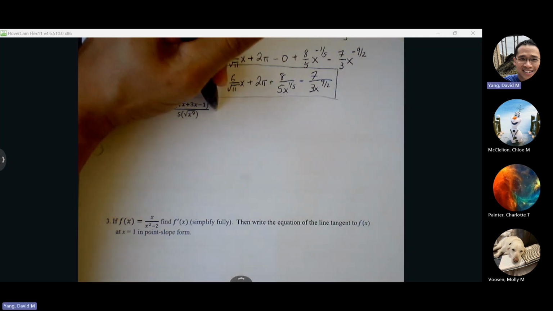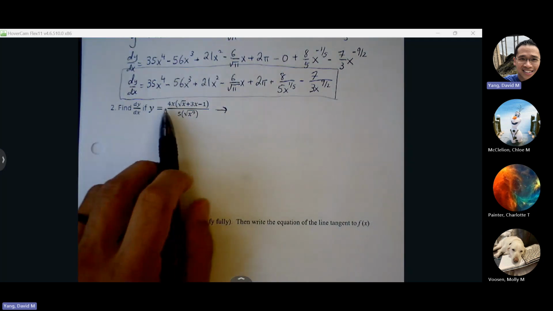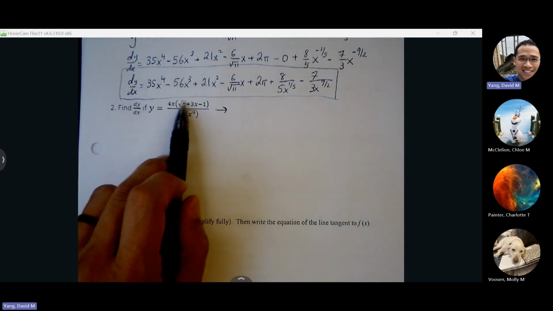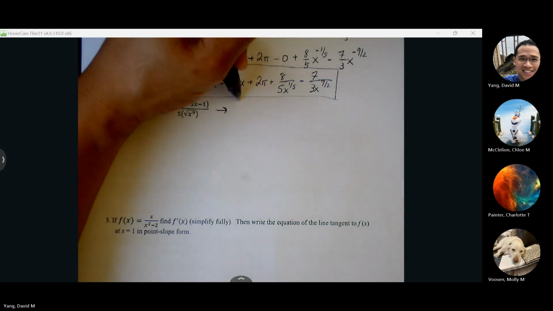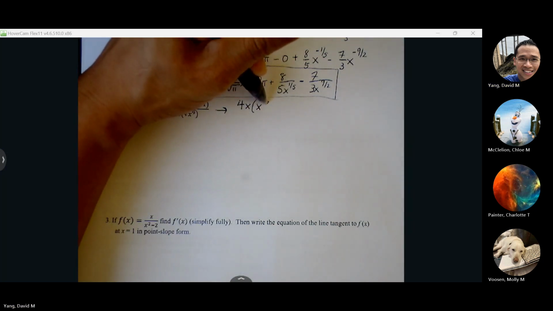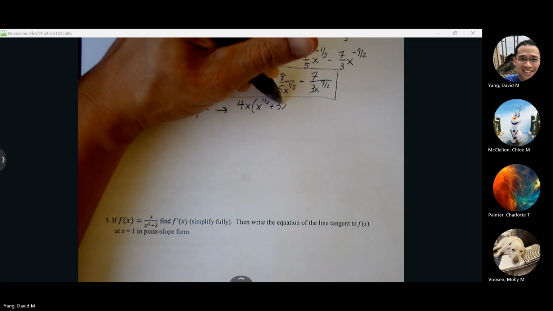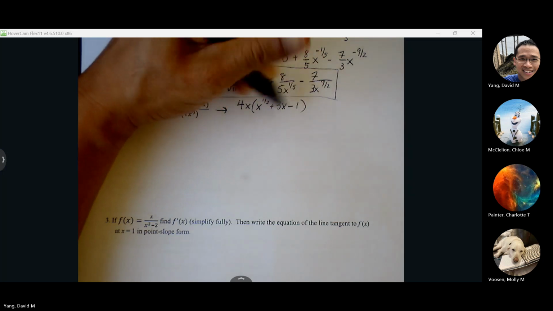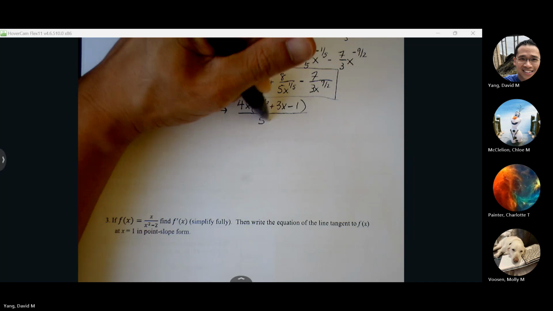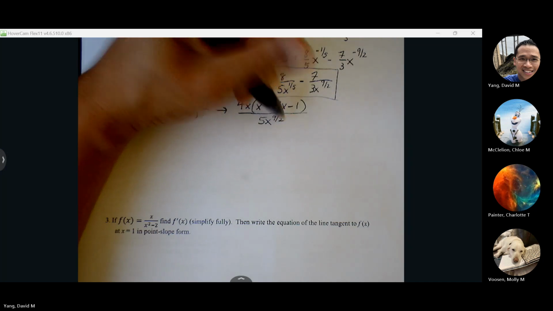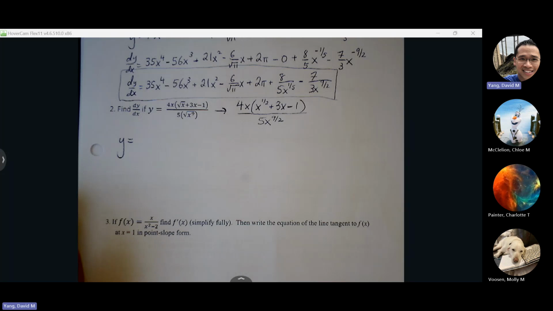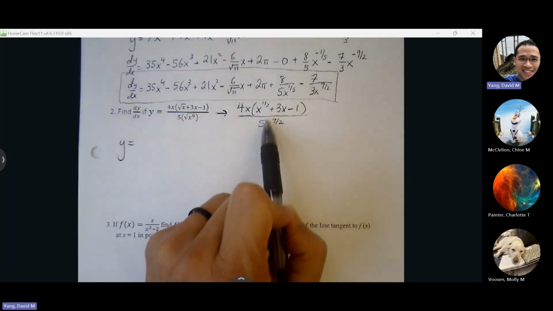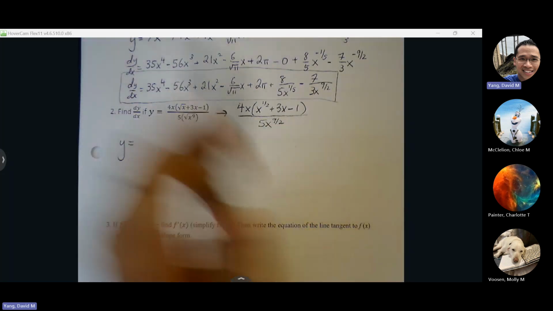So we're going to spend the time to distribute, and also I'm going to try to rewrite my radical there. I'll distribute that 4x through, and as I do that, I'm also going to start splitting up into individual fractions.